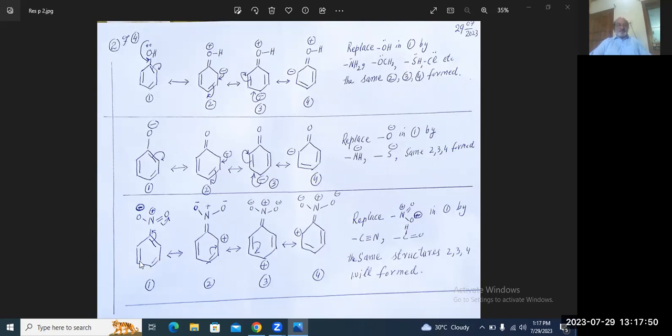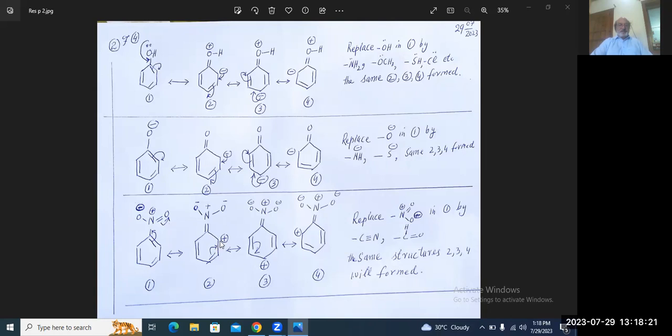But if we have electron withdrawing groups, like the nitro group, the structure of the nitro group is like this. So the electrons from N=O will shift to O, and then from here shift to here, and we'll get this.